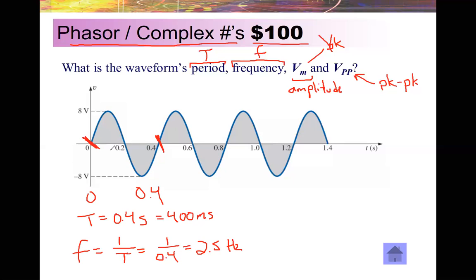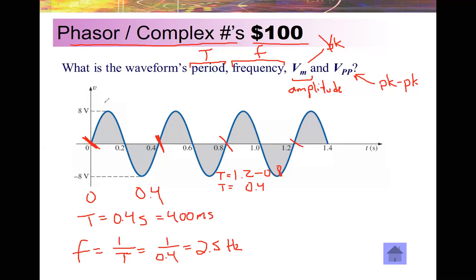If I wanted to measure it at a different place, say that it didn't cross through 0, it could also be measured anywhere. Here's where it's crossing up through the x-axis and up again. 1.2 minus 0.8 gives me 0.4. That is still T, and that's because that's how often it's changing, going through one cycle.